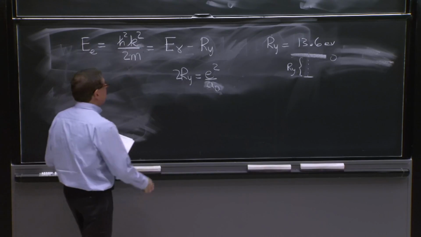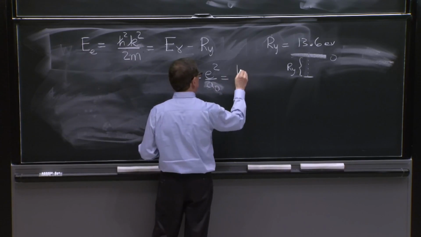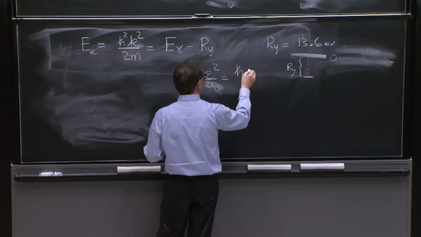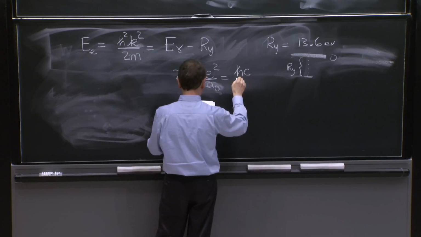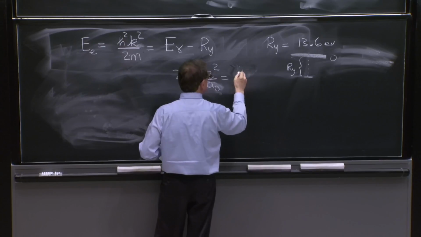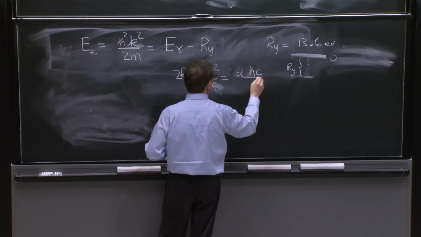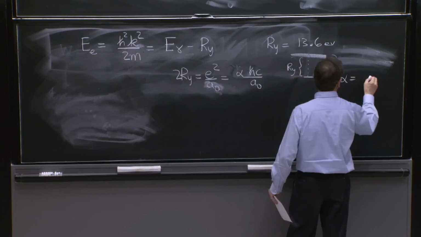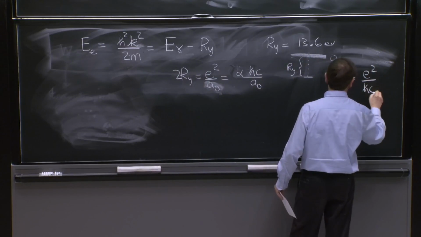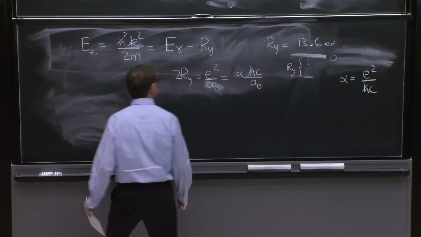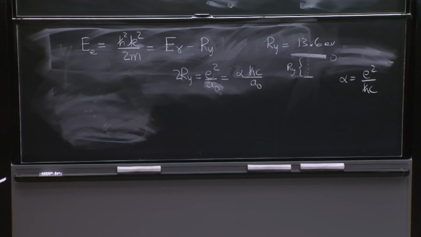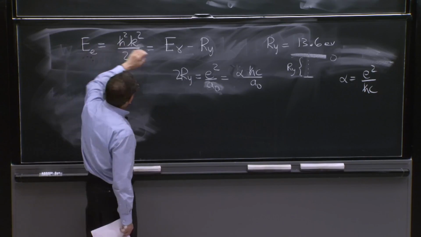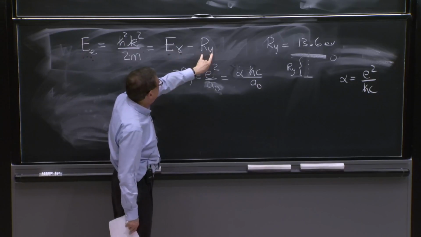And this is actually equal to h bar c, the constant alpha times h bar c over a0. Remember, the constant alpha was e squared over h bar c. So those are some quantities. Okay. So we need the electron to be able to go out. The energy of the photon must be bigger than a Rydberg.